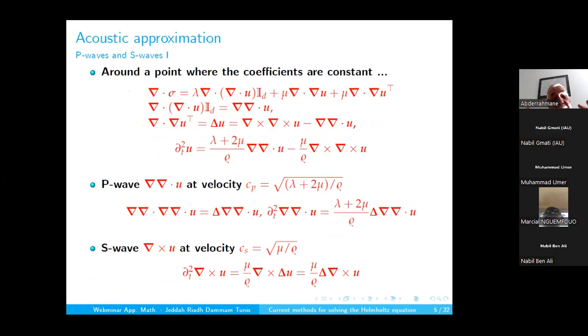In fact, it can be separated, but to understand the construction of such a reduced model, you have to know how the wave can be decomposed in two parts: a primary wave, which are compressional waves, and secondary waves, which are shear waves. And these waves can be separated only on a homogeneous medium.